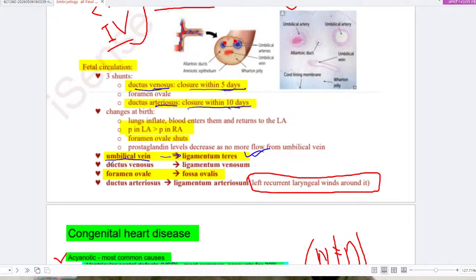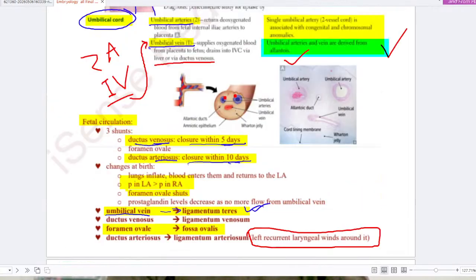Just read this part on ligamentum teres. Then the ductus venosus becomes the ligamentum venosum, the foramen ovale becomes the fossa ovalis, and the ductus arteriosus becomes the ligamentum arteriosum, with the left recurrent laryngeal nerve around it. Okay, this is important.